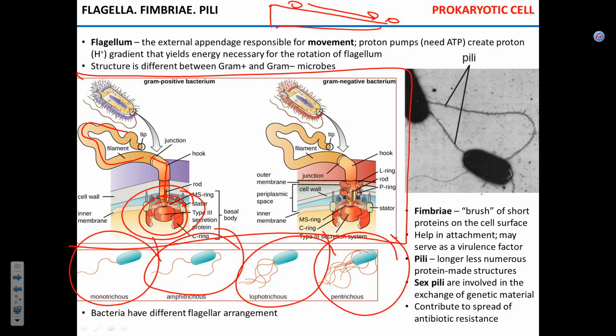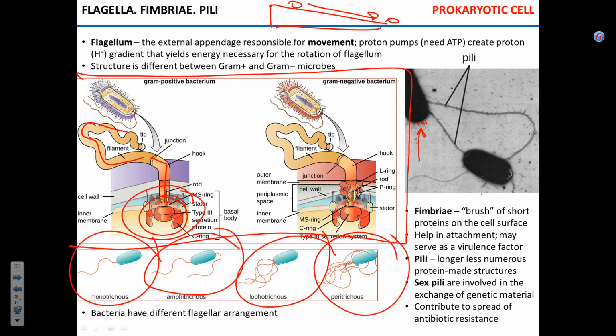Now, fimbriae. We don't really see them. Well, maybe you can count this. They're hair-like tiny projections on the surface of some bacteria. Fimbriae help in attachment. So this is another example of a virulence factor. Make sense?